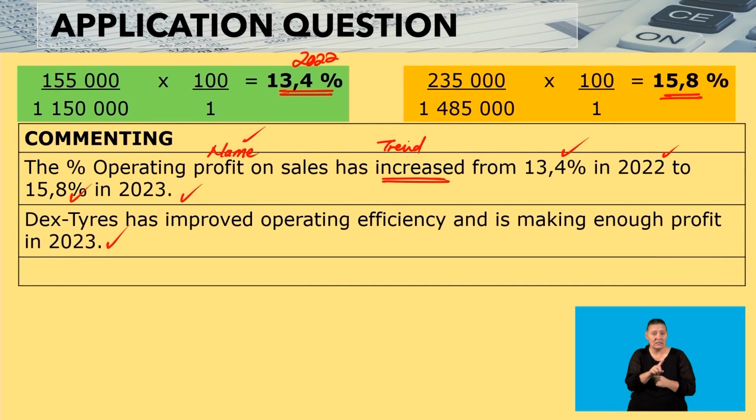This is how you would comment on your financial indicators. Remember, you calculate, you compare, and you comment. But on commenting, you have to include the name, the trend, as well as your figures. This becomes key when we're doing analysis and interpretation.